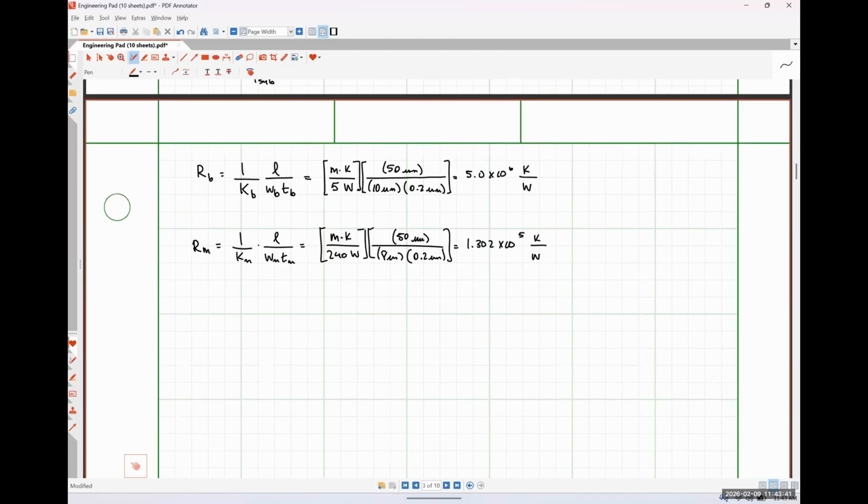So the equivalent thermal resistance in this case is 2 over Rm plus 2 over Rb, and then all of this to the -1 power. That's just 1 over Rb plus 1 over Rb plus 1 over Rm plus 1 over Rm, all of that taking the reciprocal, because it's just 4 resistors in parallel at this point.